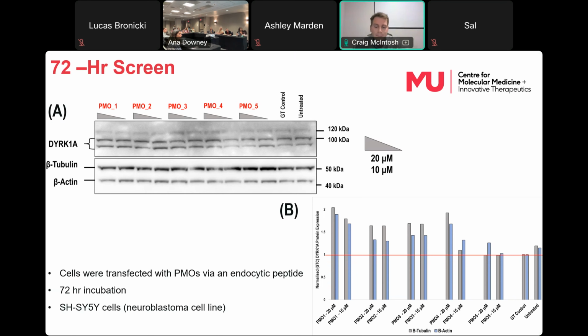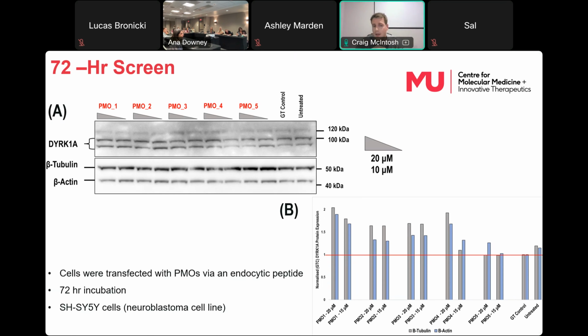DYRK1A exists, when you visualize it under a chemiluminescent light, in 2 forms. It's in its native form, the way it's made, and then it also autophosphorylates itself. What that means is it adds a phosphate group to the protein. You don't need to worry about what a phosphate does, but phosphorylation and dephosphorylation are how proteins turn on and turn off.